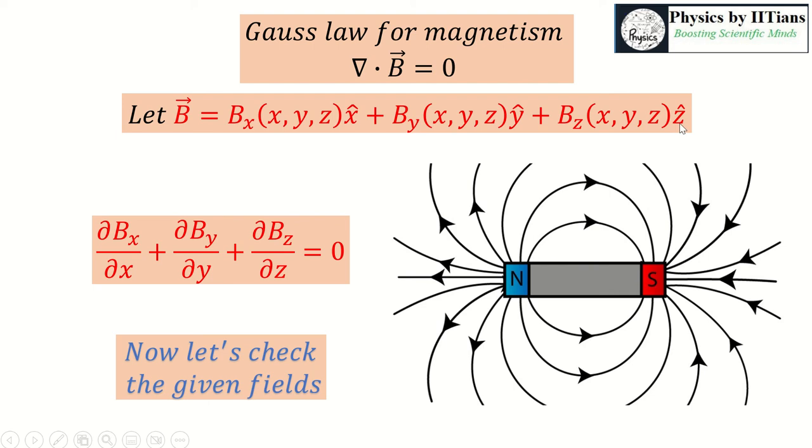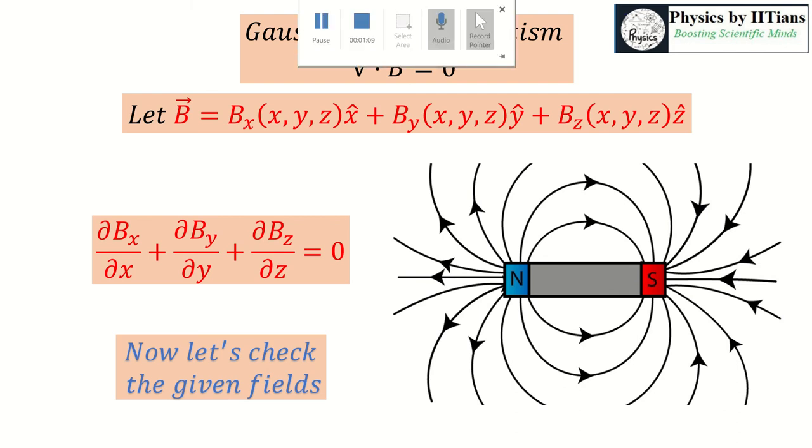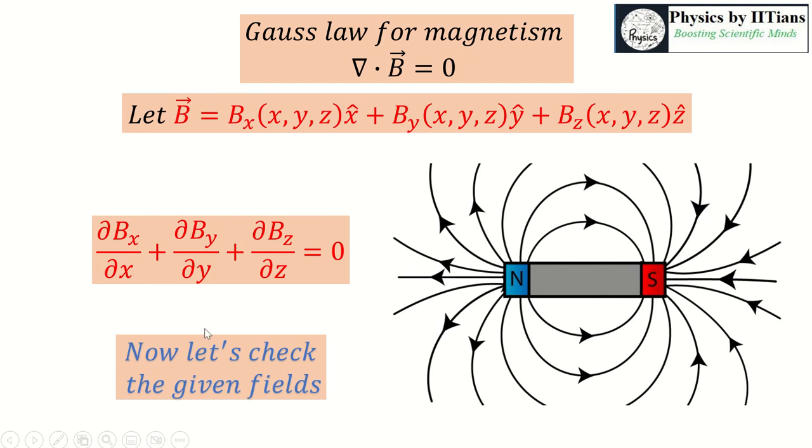B is given as a function of x, y and z, and it is directed in 3D space. Now to verify this condition that the divergence of B should be 0, we can take the divergence of this equation, and then we can say that del Bx over del x plus del By over del y plus del Bz over del z should be 0.